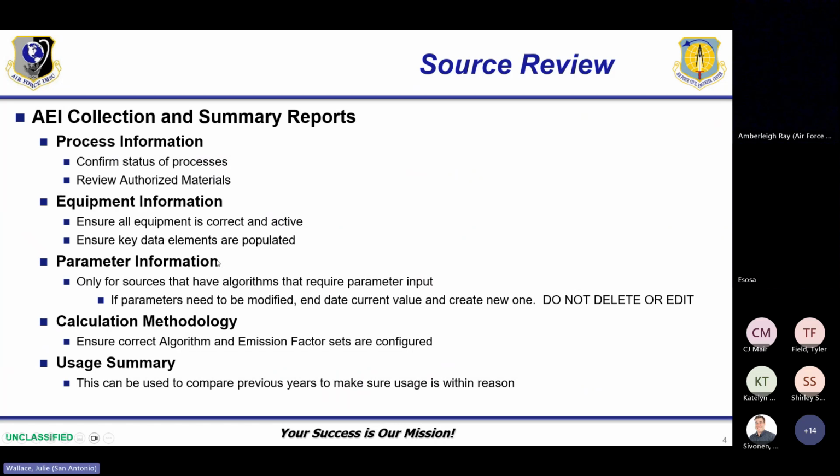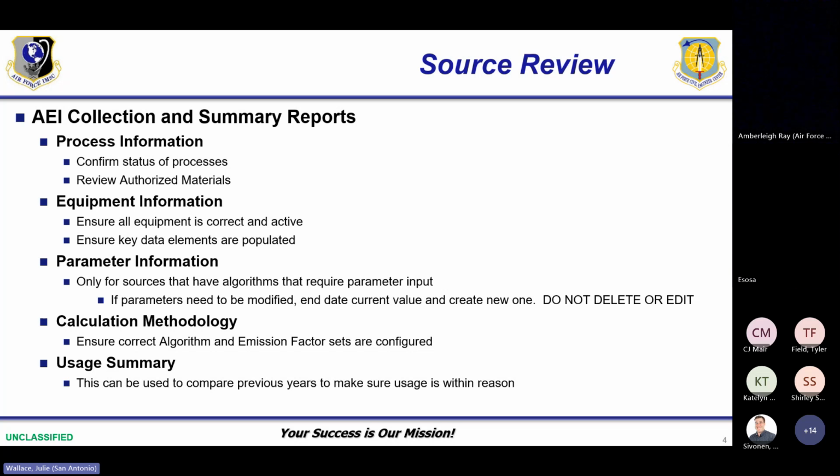And then equipment information. This is one of the things that's the hardest to keep up, especially with boilers. But with boilers, it's very, very important that you review all of the equipment, make sure that it's correct, end date the equipment that is not there anymore, make sure that you've added the new equipment, make sure that key data elements are populated.